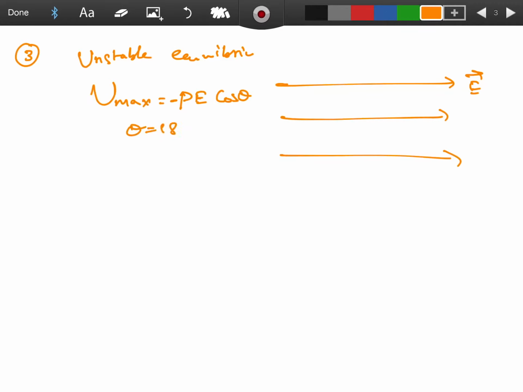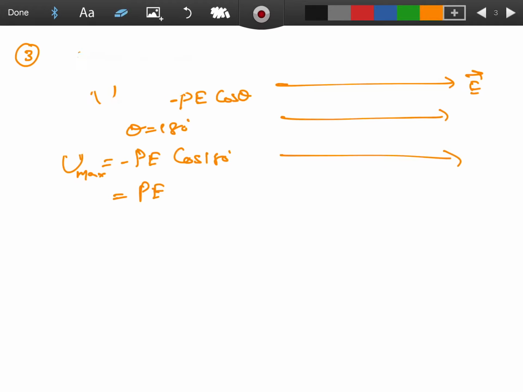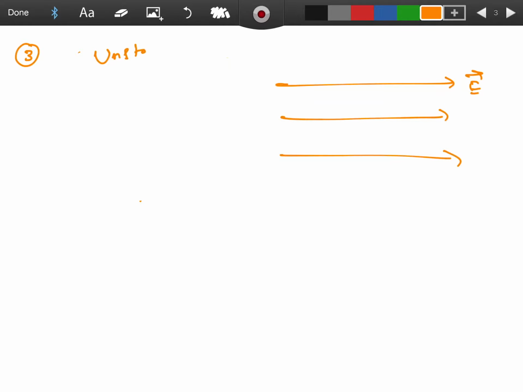Theta should be 180 degrees. Then potential energy will be minus PE cos 180 degrees, which is plus PE, since cos 180 is minus 1. Once again, let me tell you the position of unstable equilibrium.